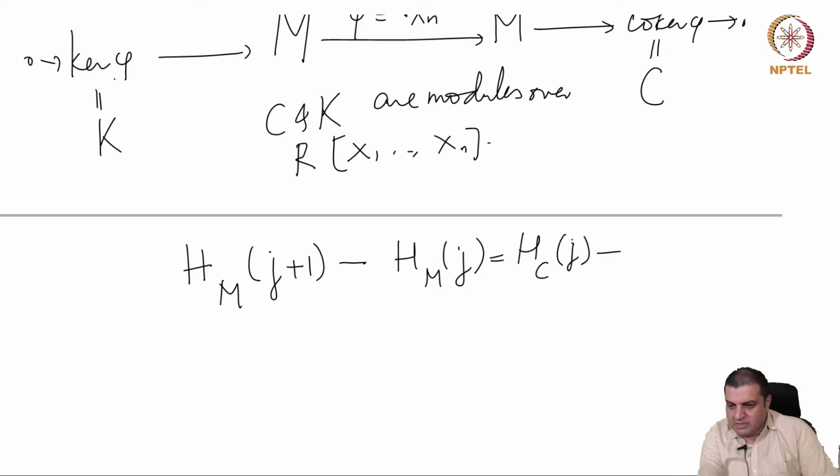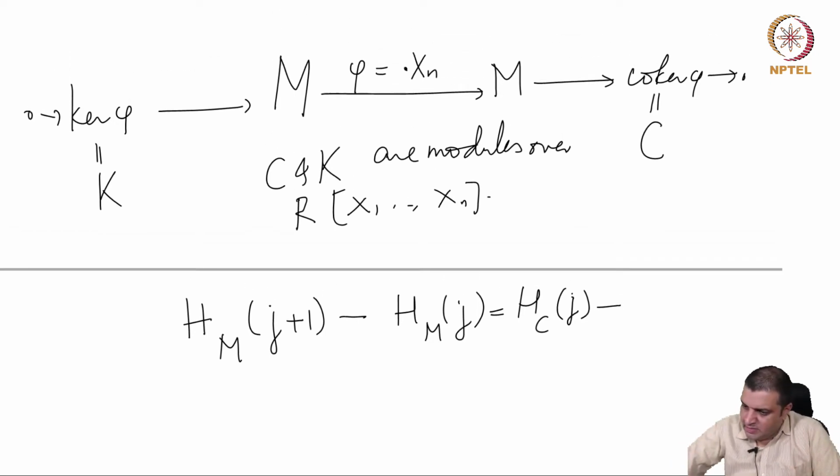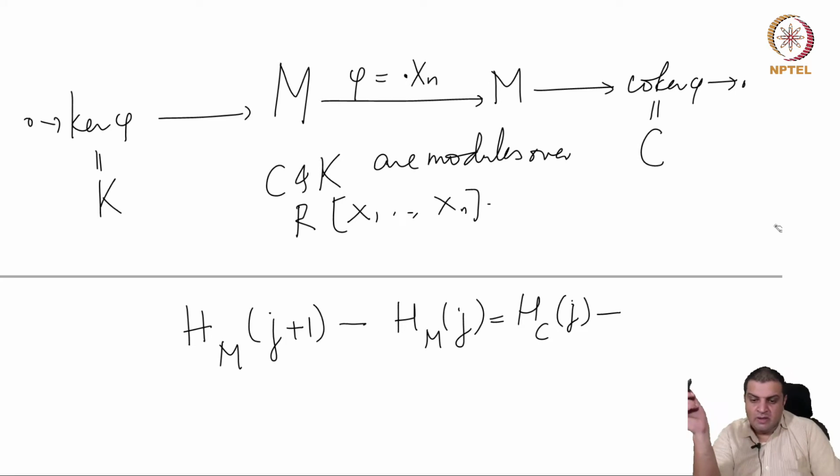So this is an exact sequence. Sorry, let's go back a little bit. This is an exact sequence. If you look at elements of degree j that go to 0, that's here. Then here we look at elements of degree j plus 1, and here we get something, depending on what you call C, either degree j or degree j plus 1.